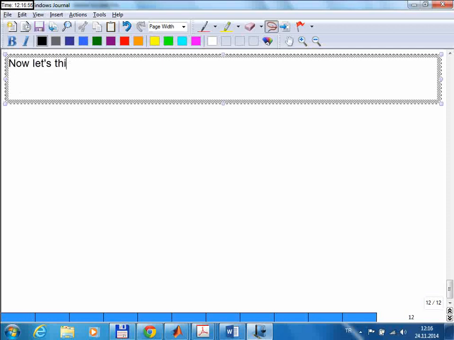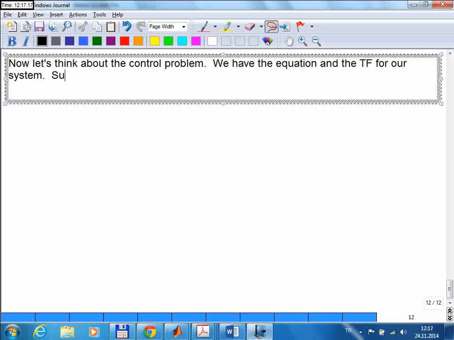Now let's think about the control problem. We have the equation and transfer function for our system. Suppose that we want to reach a constant steady speed of 25 meters per second.